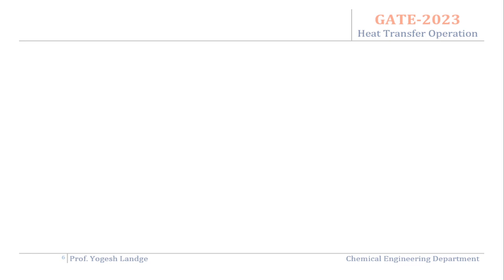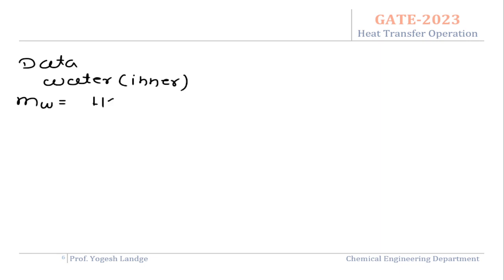Two sets of data are mentioned. The first is for water, the fluid flowing on the inner side. The mass flow rate of water is 1 kg per second.